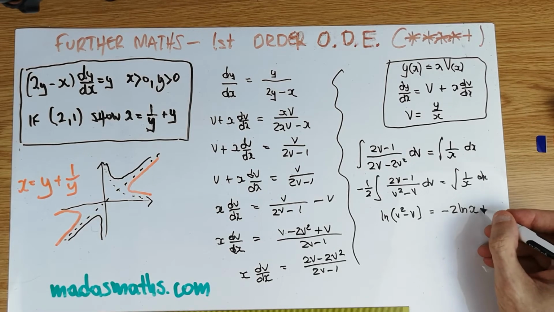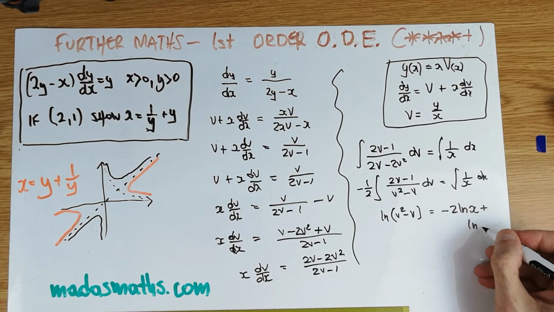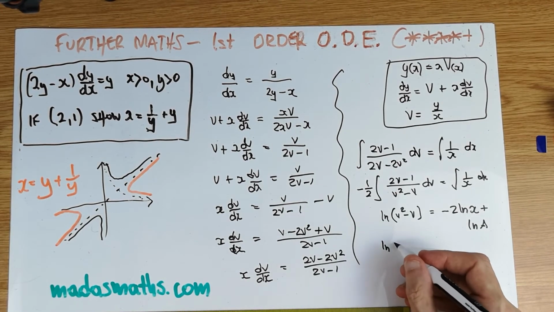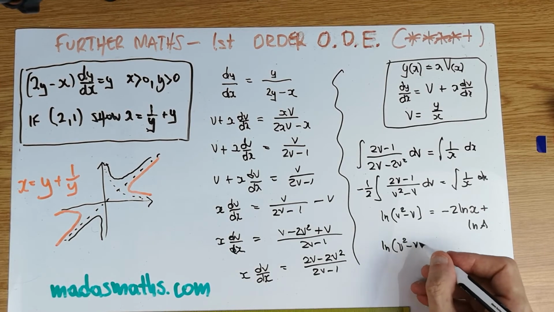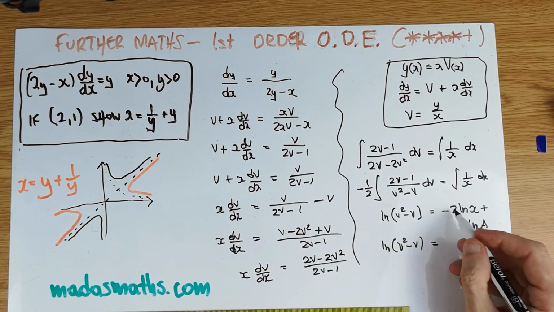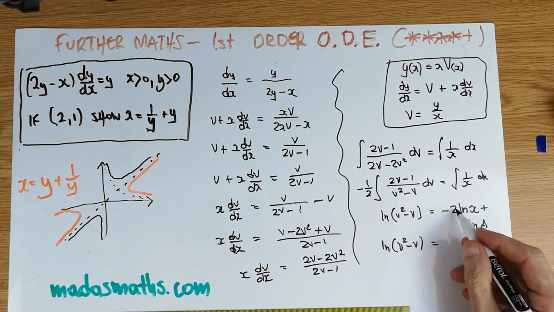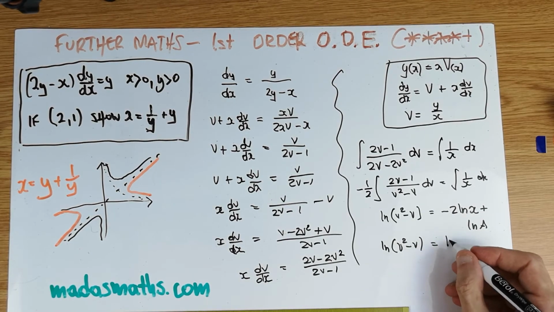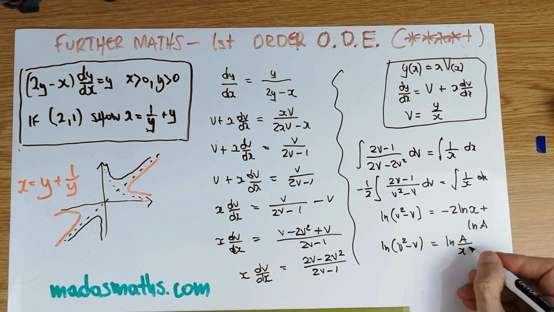And because we got more logs, let's put plus the log of c or log of a or whatever you want to call it. And let's get rid of the logs. Log of v squared minus v is equal to, I'm going to move this -2 as 1 over x squared and then add the log. So it's going to be the log of a over x squared.